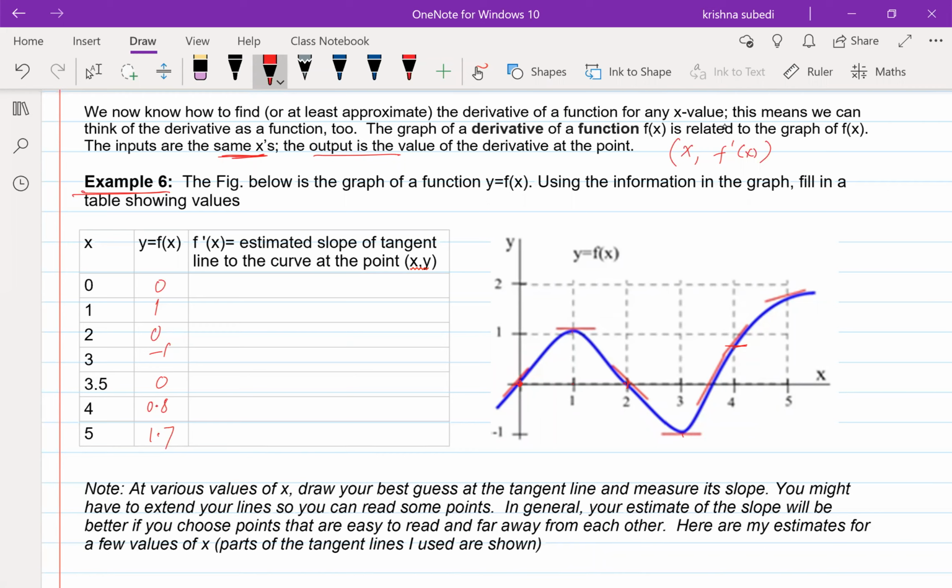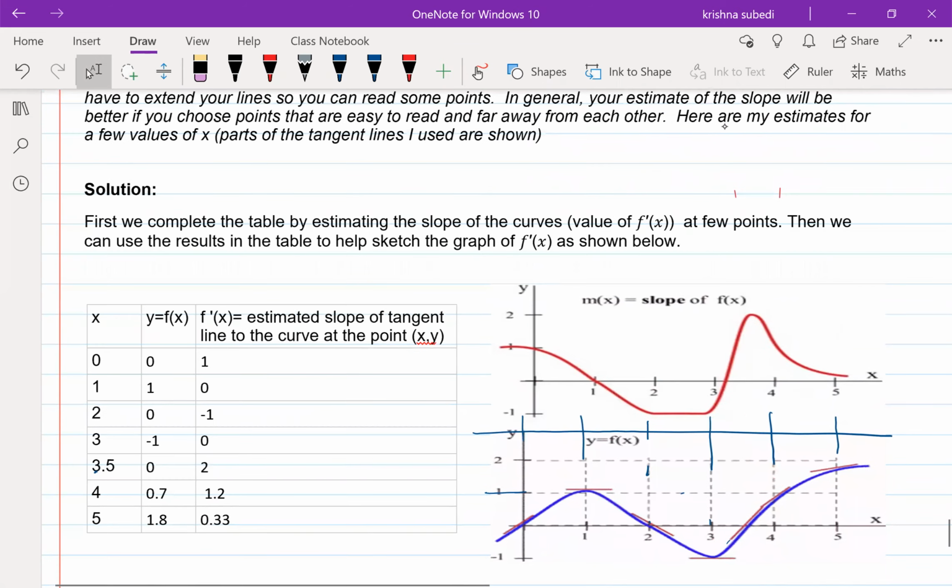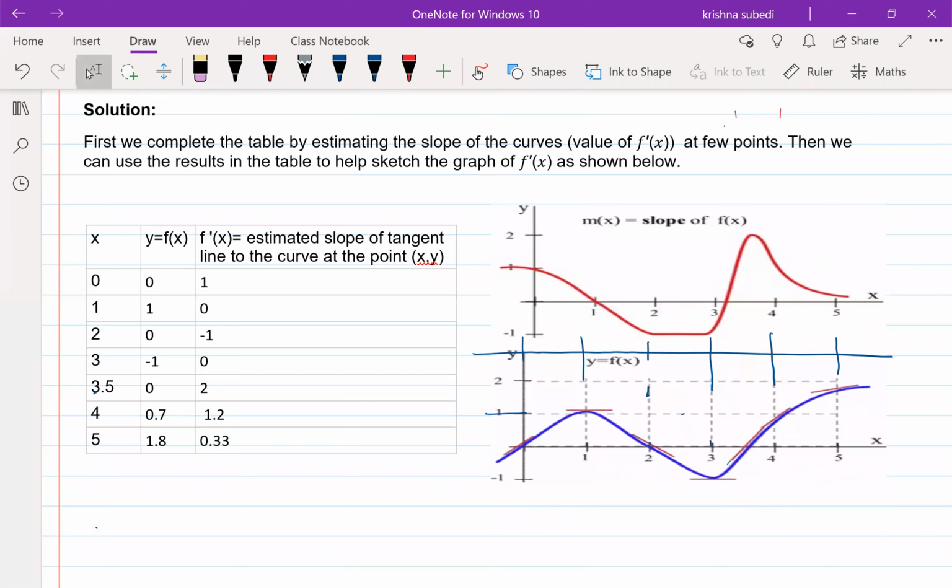Again, to draw the accurate graph is really difficult. But as long as you draw an approximate graph, roughly sketch the graph of the derivative, it should be fine. Now, let me look at this.